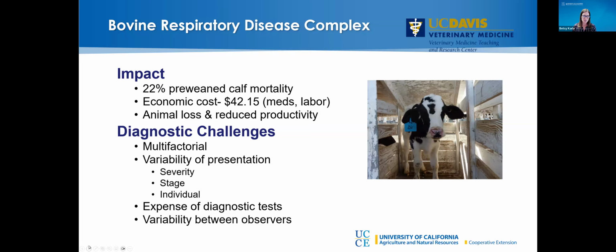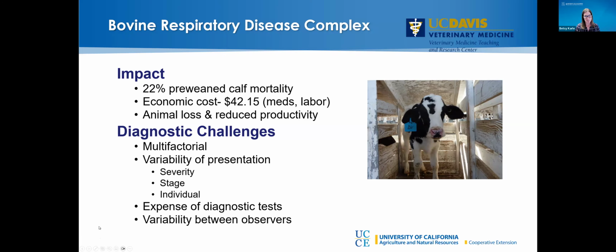As part of this research, we calculated the economic cost of respiratory disease in a young calf and found it to be just over $42, looking at medication and labor, but not taking into account the longer-term costs of animal loss and reduced productivity that we know are impacts respiratory disease has in the long run. So obviously it's something that we care a lot about and would like to find some solutions to.